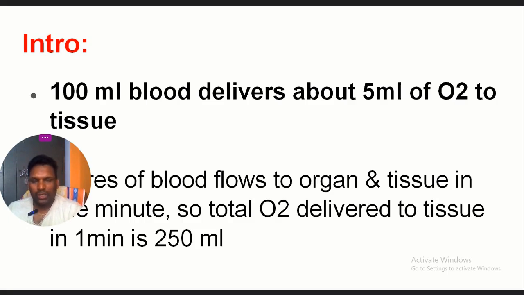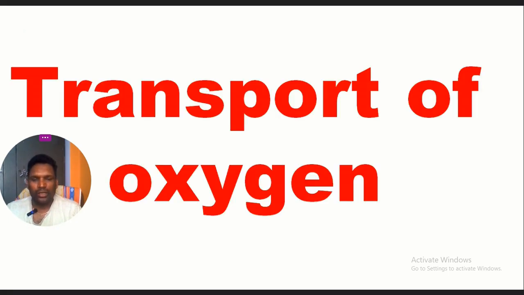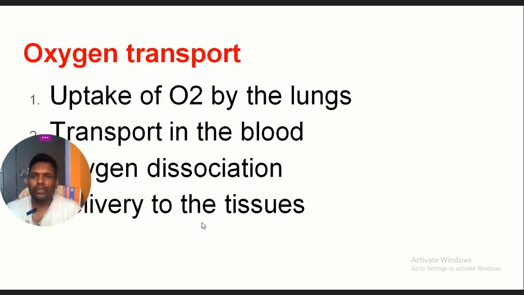That means we have 5 liters of blood, so the oxygen utilized by the tissues and organs is about 250 ml per minute. The total oxygen delivery to the tissues in 1 minute is 250 ml.